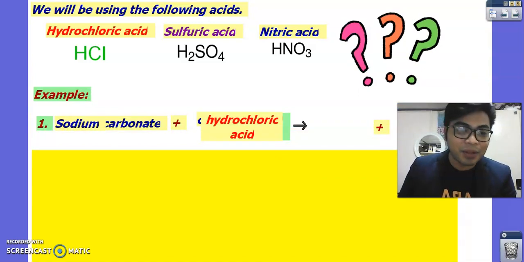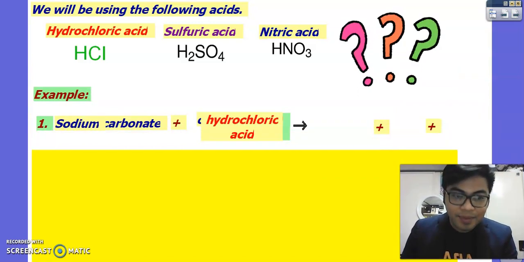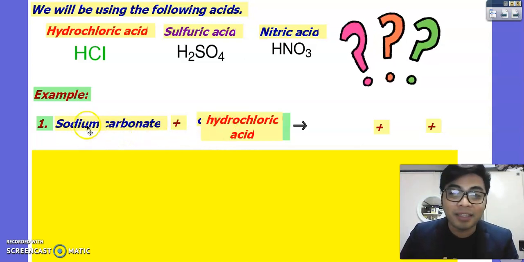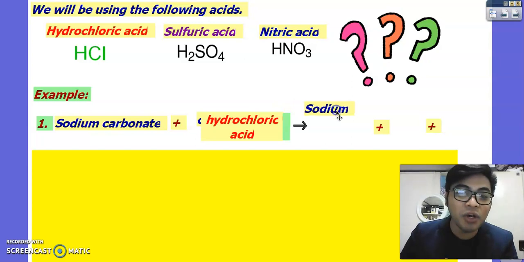So look at this. Sodium carbonate plus hydrochloric acid will produce 3 compounds. What are these compounds? The first compound here is a kind of salt. So to write the product here, first we're going to get the metal. Which is the metal here? Obviously the metal here is the sodium from the sodium carbonate. So right here first is sodium.